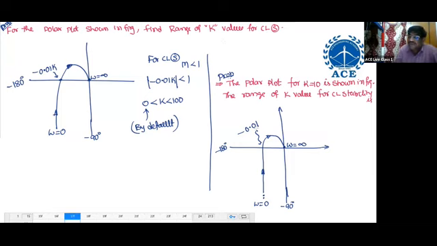So here, how to find the range of K? K is not included in the intersection point. Whenever K is not included in the intersection point, you should product that intersection point with K divided by the given K value. What is the K value given? 10.